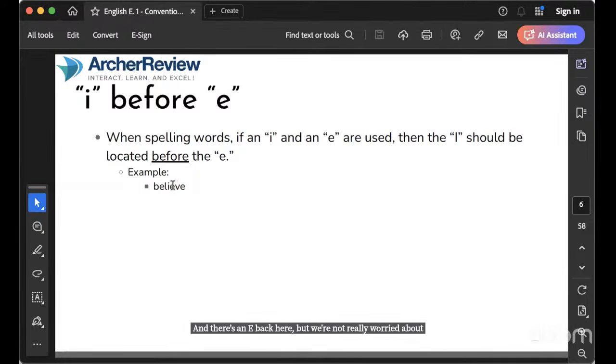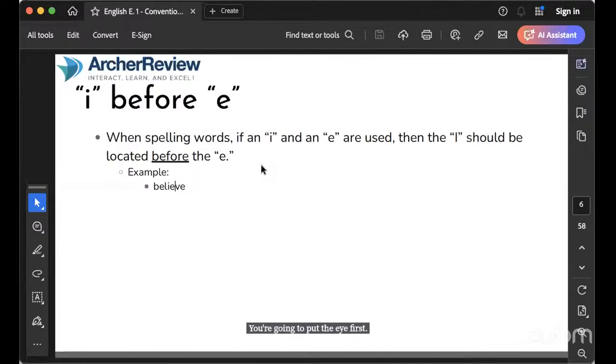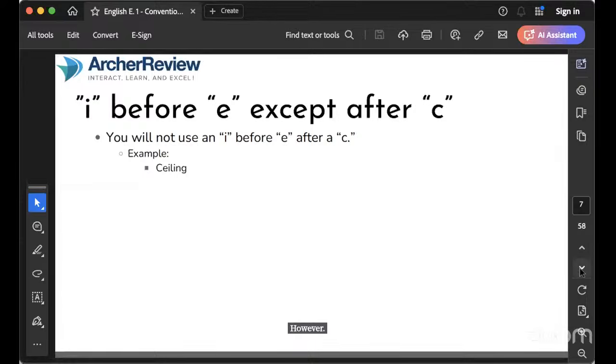We're worried about them when they're connected together. So, how do you know what order to put them in? Well, when it's just the I and the E, you're going to put the I first. So it would be IE. That's why you have believe spelled B-E-L-I-E-V-E.